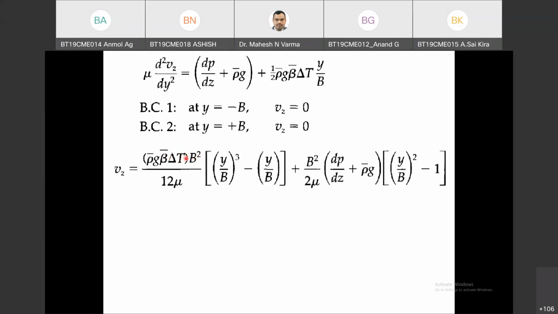V is the difference between these two plates, V square divided by 12 mu, where mu is the viscosity of the fluid, multiplied by y minus b cube minus y minus b, plus the temperature difference between the hot plate and cold plate divided by 2 mu, times del P by del Z plus rho G. This is treated as a constant, multiplied by the whole bracket: y minus b whole square minus 1.